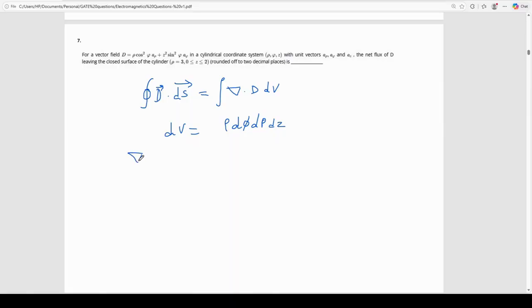Del dot D can be written as 1 by rho times dou by dou rho of rho D rho, that is the rho component of D, plus 1 by rho dou by dou phi of D phi, plus dou by dou z of Dz.